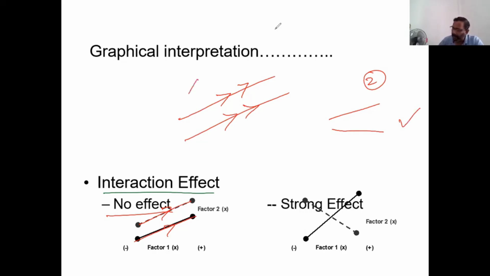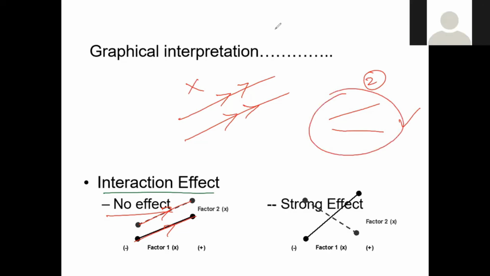If they are parallel, no interaction is present. Based on how non-parallel these are, we can say whether the interaction effect is very strong or very mild, and so on.